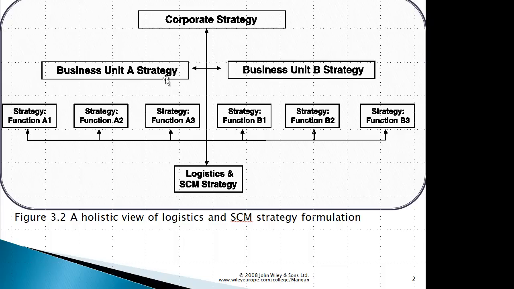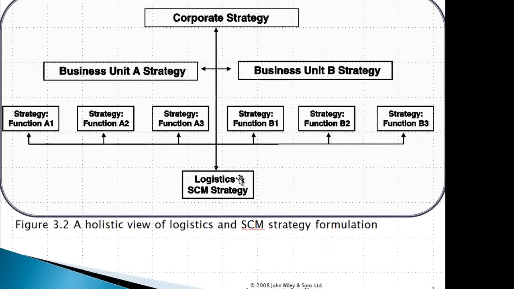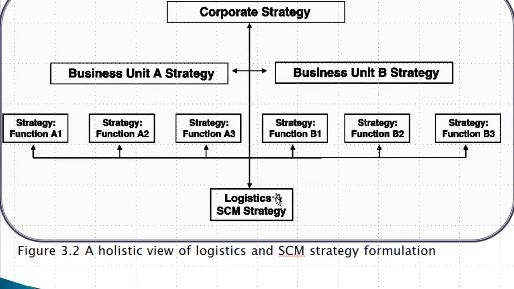So there could be the manufacturing unit for Cotton On and the retail department of Cotton On would then have to start deciding where to put the stores, how many stores to have, etc. And then we can further break that down into, say, the Shanghai strategy, Beijing and Guangzhou. So the main point is the corporate strategy and the logistics strategy are directly linked to each other to ensure that the goals can be achieved.